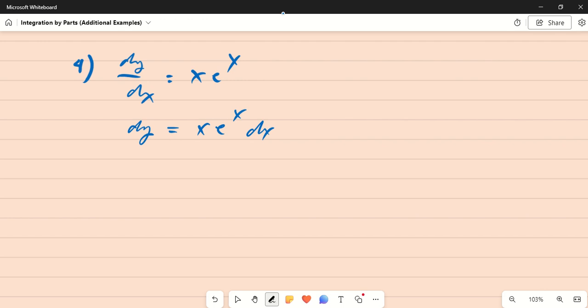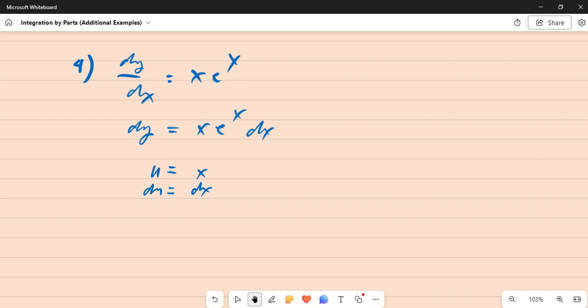Then after that, before we can apply the integration by parts formula, we need to identify your u. Your u in this example is x, and then your du is dx, because your d over dx of x is equal to 1, and then you cross multiply, du therefore is equal to dx.